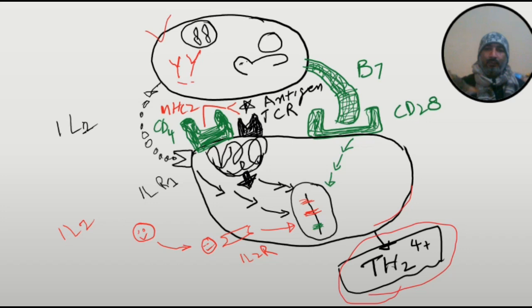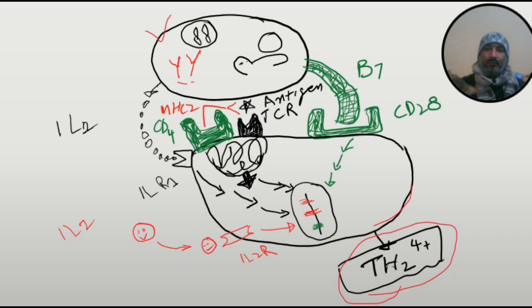That is called co-stimulation. So co-stimulation will start, and after that the T helper cell will go to the autocrine pathway.